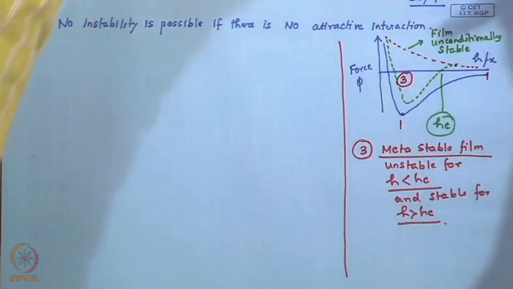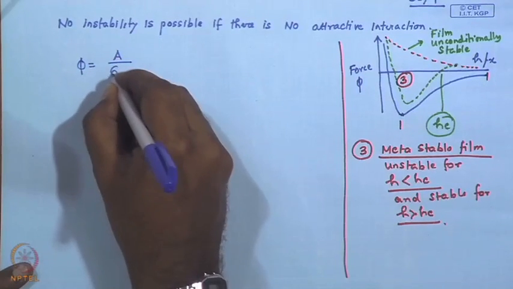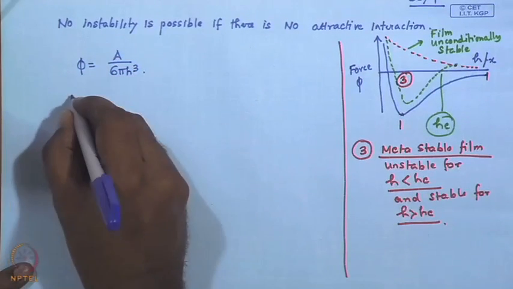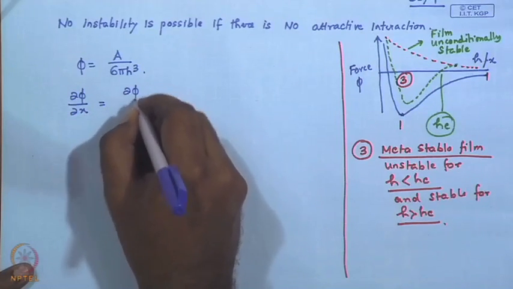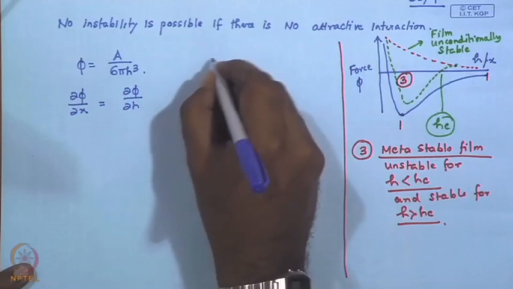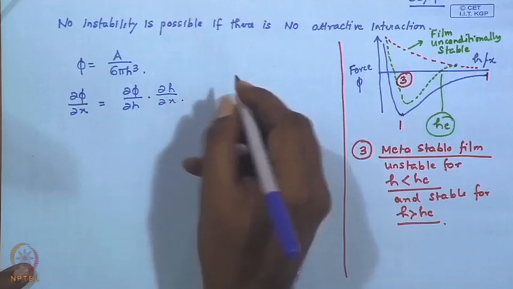So, we need to find out del phi del x, which turns out to be del phi del h, as phi is a function of h, times del h del x.